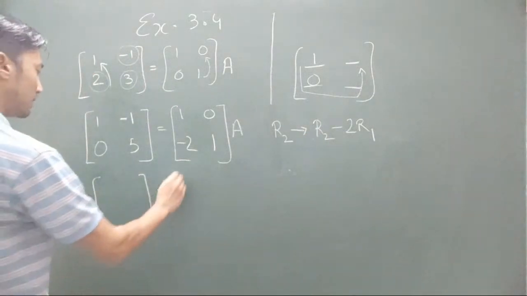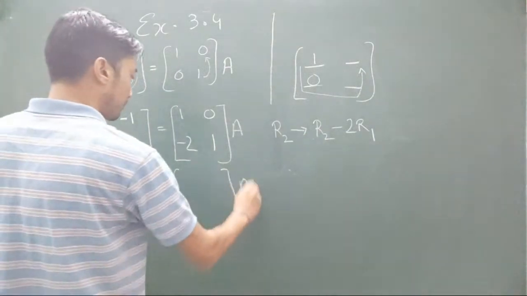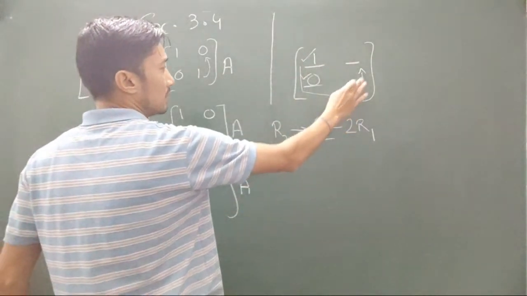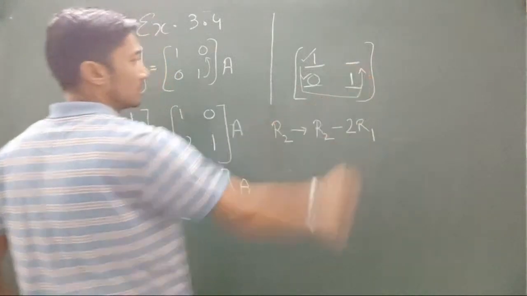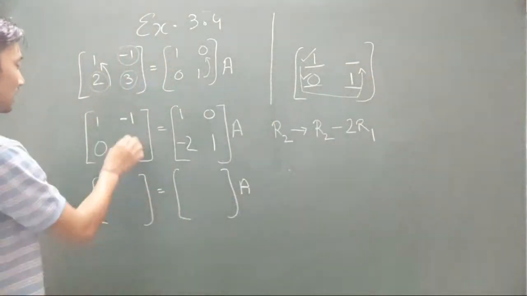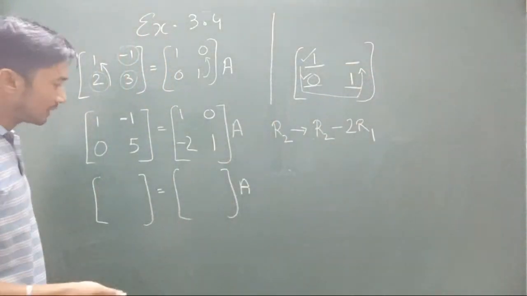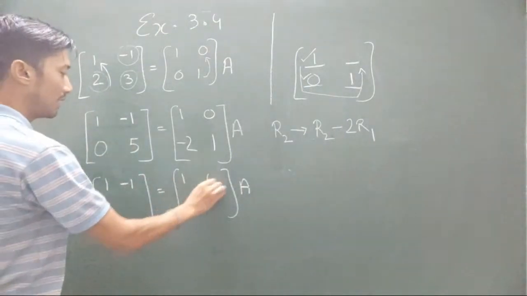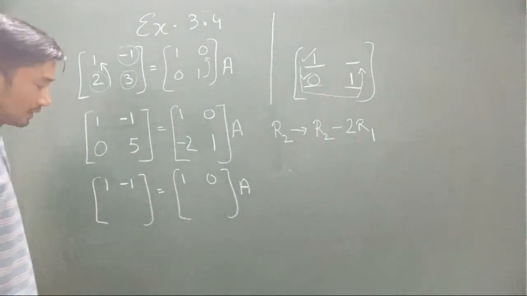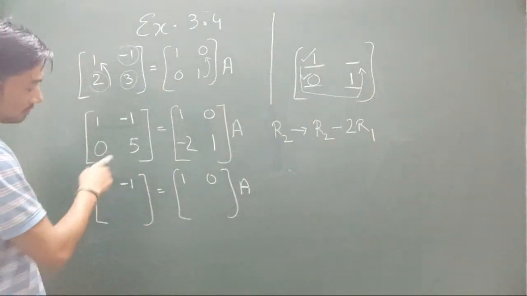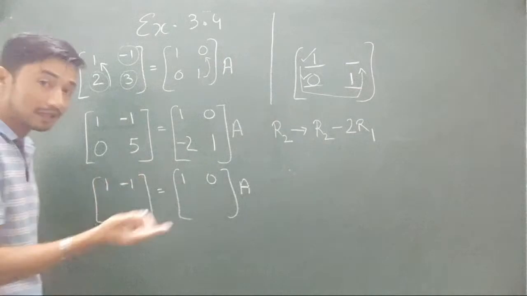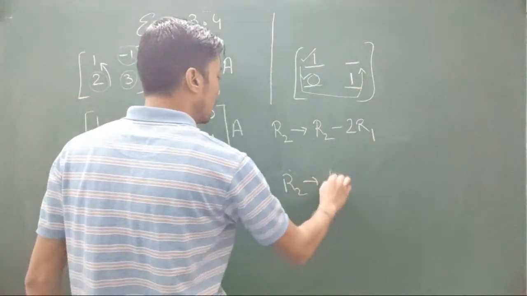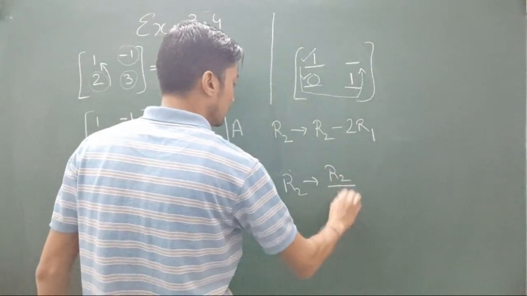Next job, what will I try to do? See, this is also done. This is also done. Next, I focus on this. So this I will try to convert to 1. What element is that? This one, 5. If you like fractions, that means again row 1 I'm not going to be changing. So row 1, let it be as it is. Row 2 I'll be changing. What can I do? Directly, of course, if you like fractions and you think you're careful, what I'll do is divide row 2 by 5.